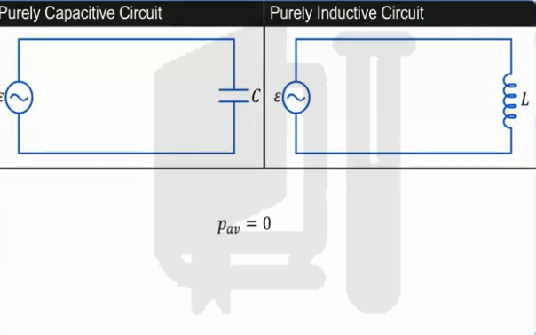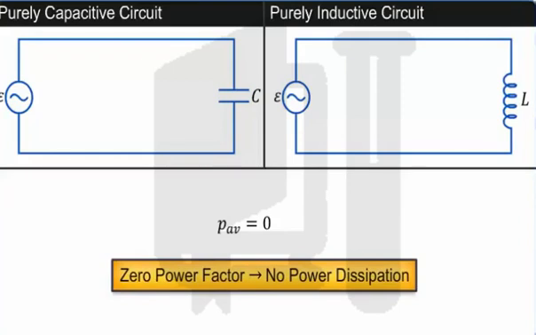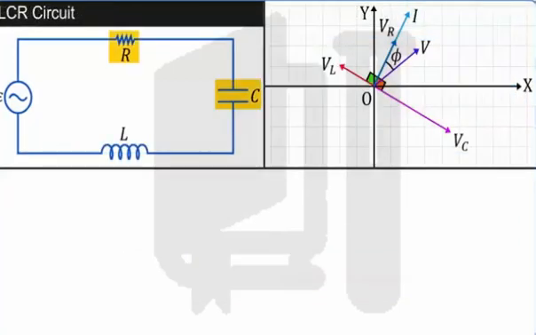In the case of CR, LC, LCR series AC circuits, there exists a phase difference between the AC voltage V and current I in the range of 0 to pi by 2. Hence, the value of the power factor will be non-zero but less than 1.